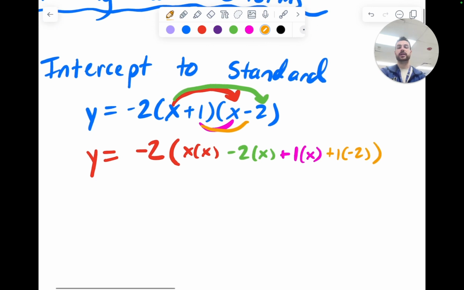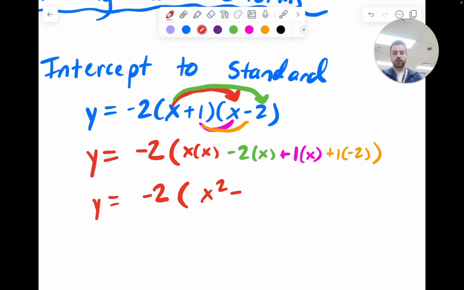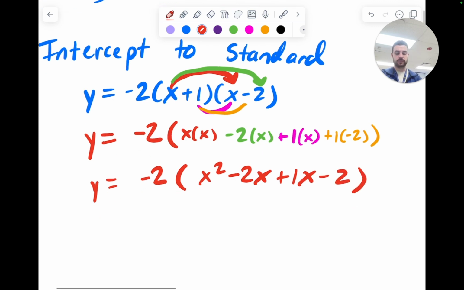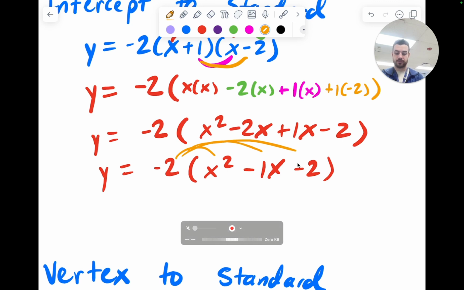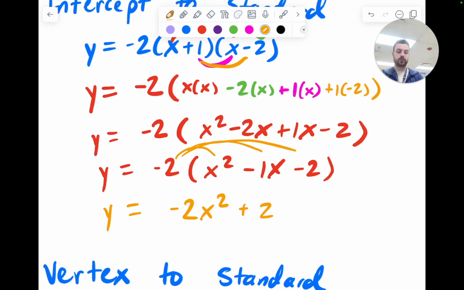All we have to do there is simplify, so we end up with y equals, again, that negative 2 is just hanging out in front for now, x squared minus 2x plus 1x minus 2. Y equals negative 2 times x squared minus 1x minus 2. And then my last step is going to be to distribute in that negative 2. We get y equals negative 2x squared plus 2x plus 4.